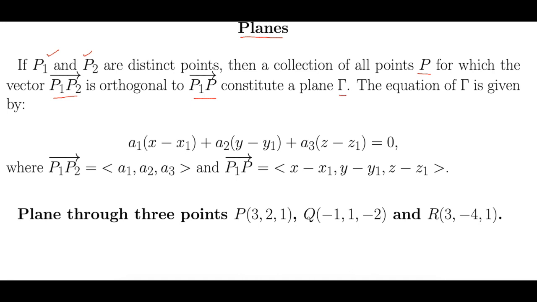So what we are trying to say is that we have a vector. Let's say this is my P1 and this is my P2. Let's say this is this vector here, and this P1 is (x1, y1, z1). Then the plane here, so for example this is the plane, and this is my point P, and this is P1P here.